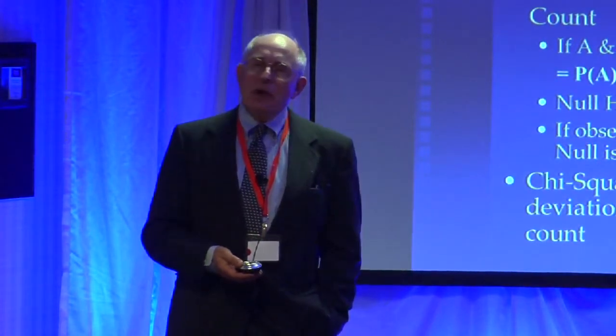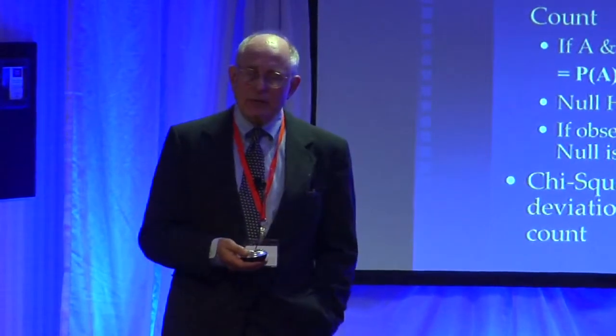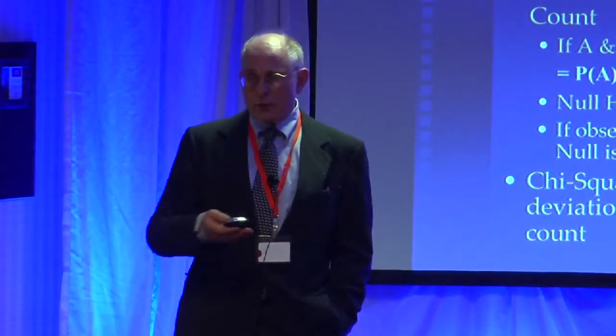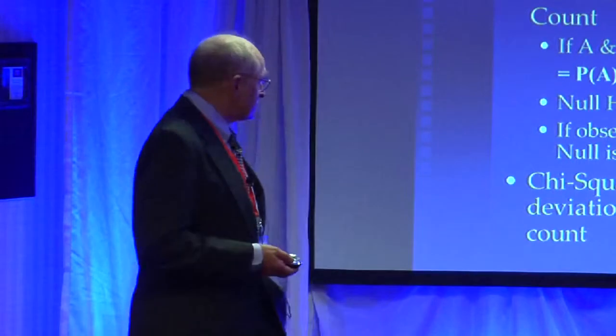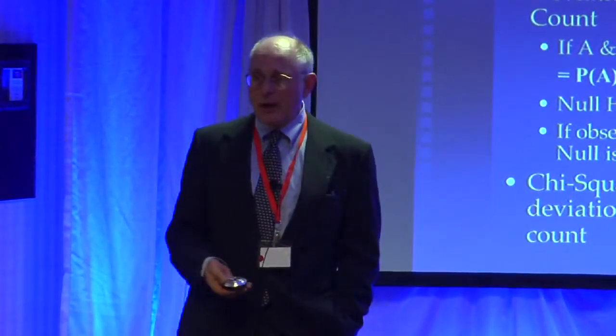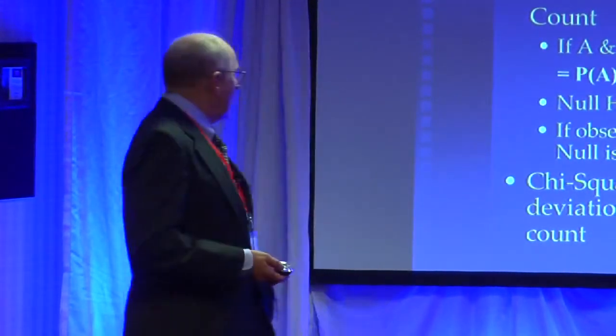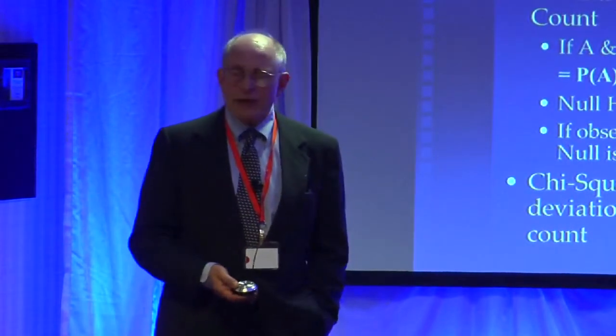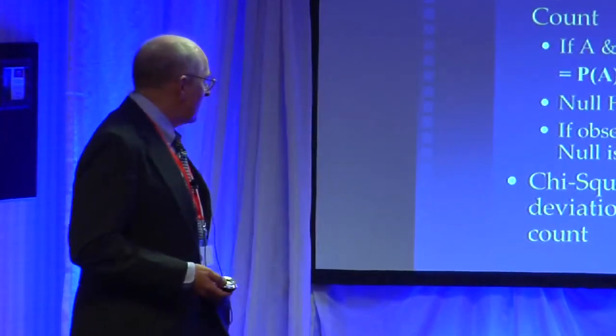That gives us an expected cell count if there is no relationship between the indicator and the target, or the combination of indicators, which, by the way, is our null hypothesis, that there is no relationship. And if the count deviates from that significantly, we've got some evidence that we do have a relationship.